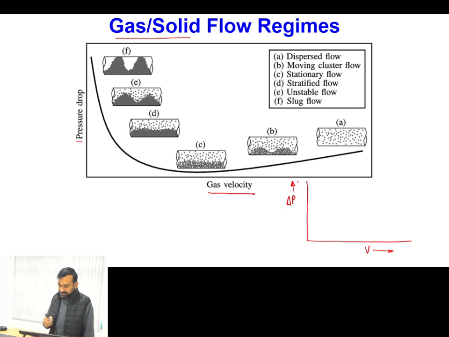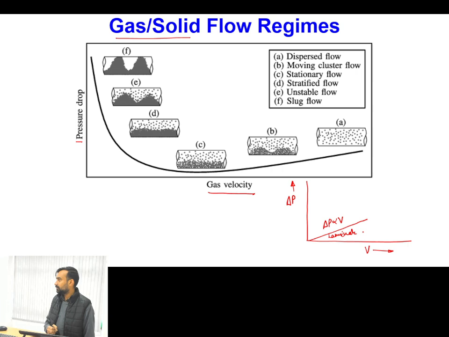Initially, at low velocities, when velocities are less than the critical Reynolds number at which transition happens from laminar to turbulent flow, our pressure drop varies in a linear fashion with velocity.